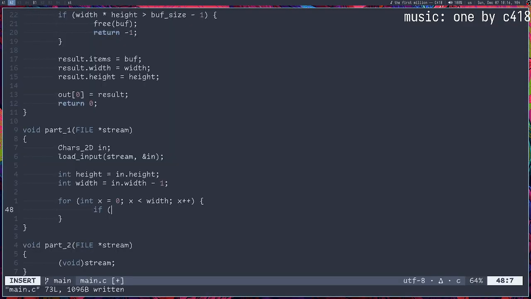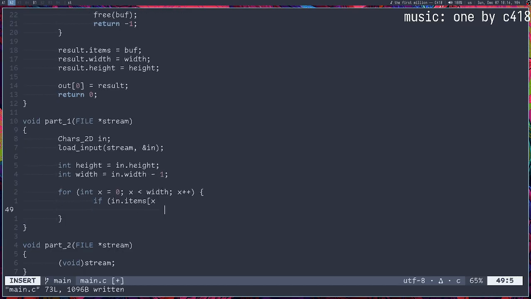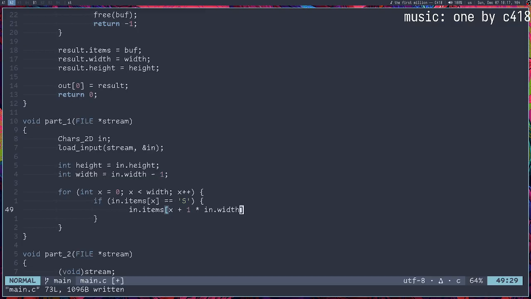If in items x equals s, then in items x plus one multiplied by in width.